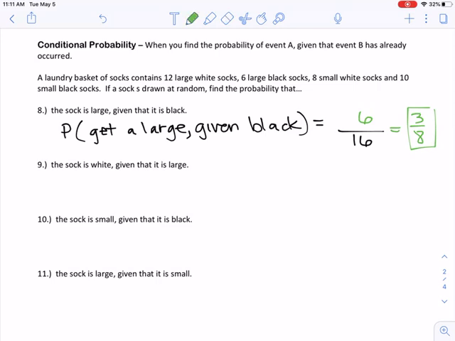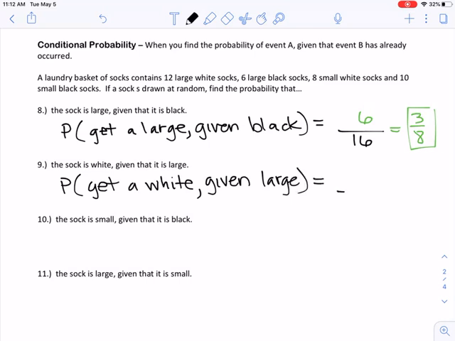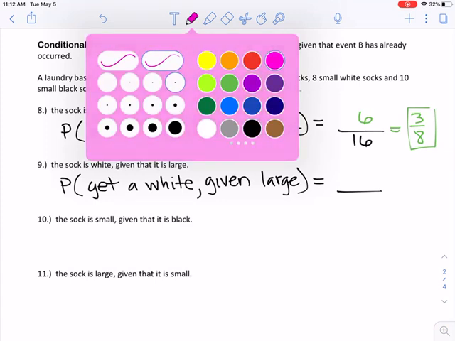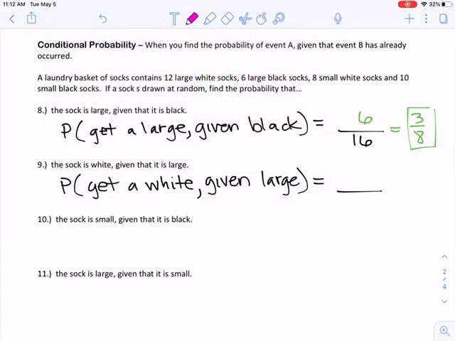Now let's take a look at question number 9. We want the probability that I get a white sock given that it's large. So I'm picking out of all the large socks. If I take a look at my large socks, I have 12 large white socks and I have 6 large black socks.